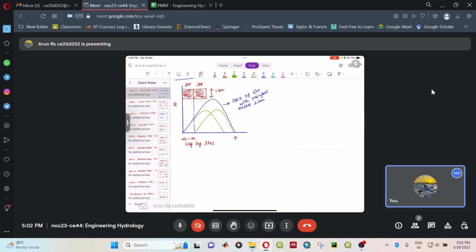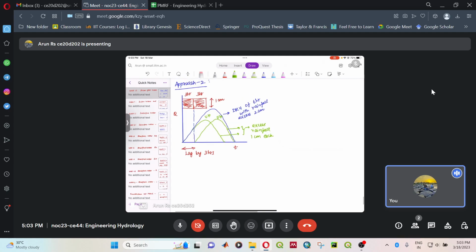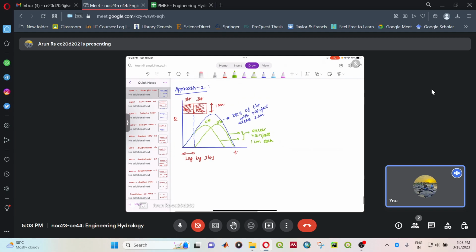So this is a unit hydrograph, and this is also a unit hydrograph, each giving an excess rainfall of 1 centimeter. When you add up, you are getting a direct runoff hydrograph for a 6-hour duration with rainfall excess as 2 centimeter.